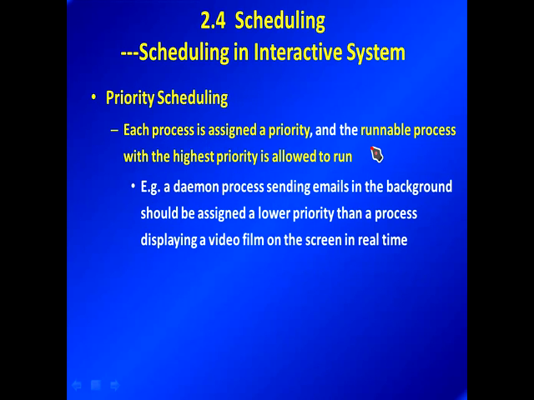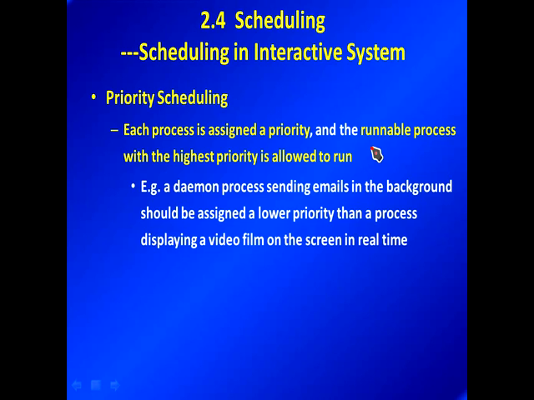And speaking of priority scheduling, the basic idea is simple too. Every time we run the scheduler to choose a process to use CPU next, we just choose the one with the highest priority. Each process in the system will be assigned a priority.